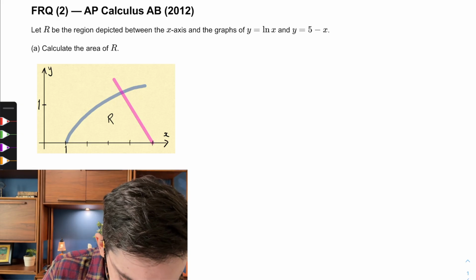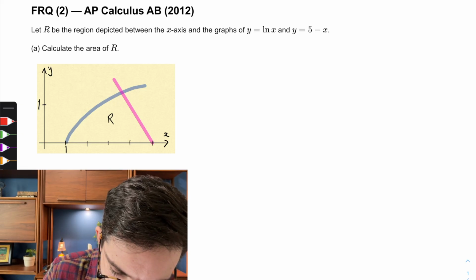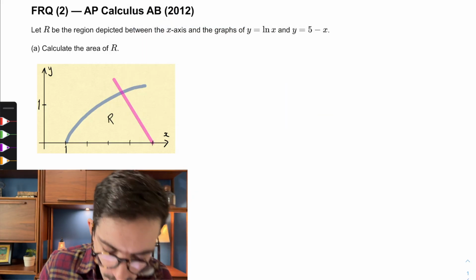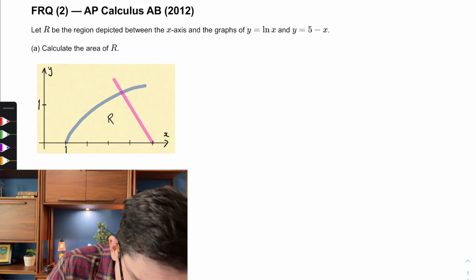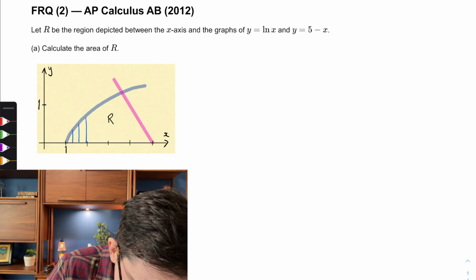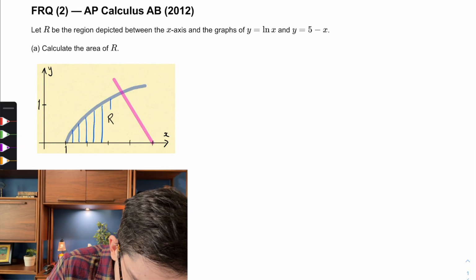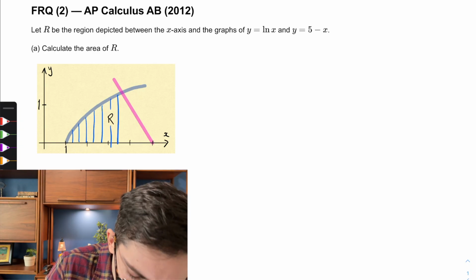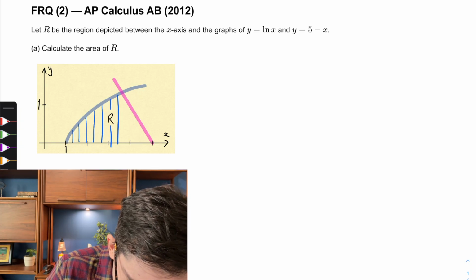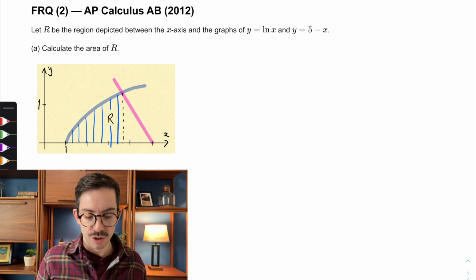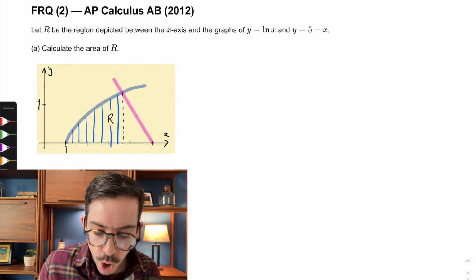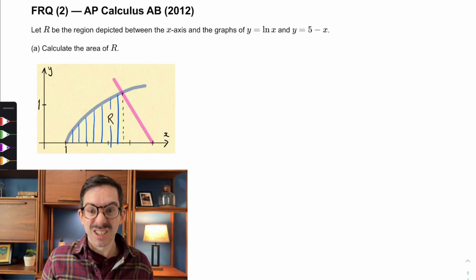So we have an area here that is between a graph and the x-axis. One thing that we could do is approximate that area using thin rectangles of a Riemann sum. And then what happens is the curve that my area is lying below changes, right? Initially, it's that blue y equals ln x graph.